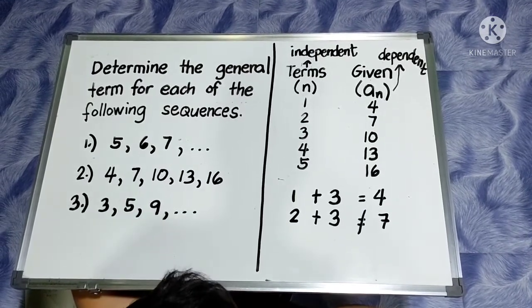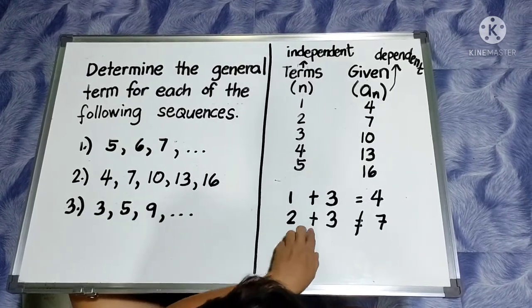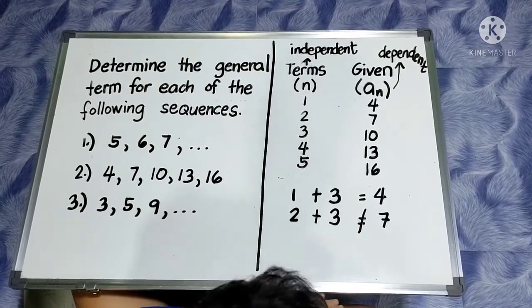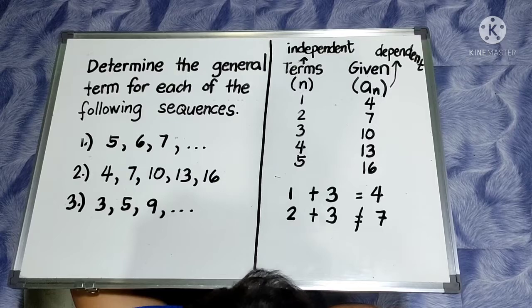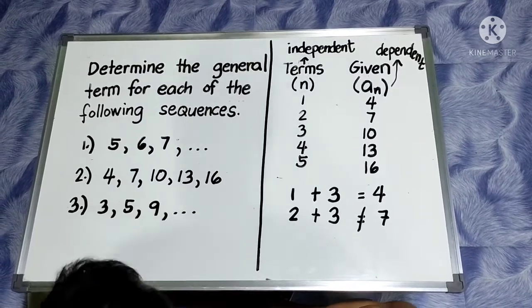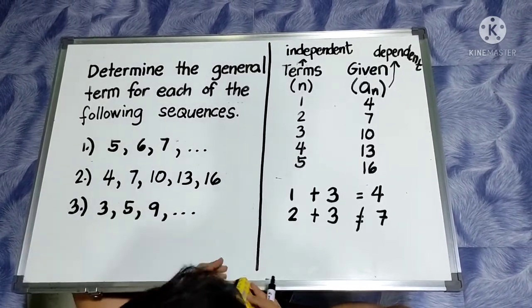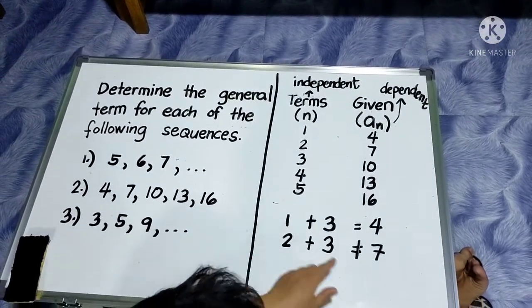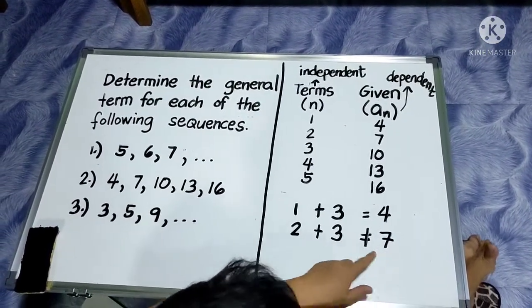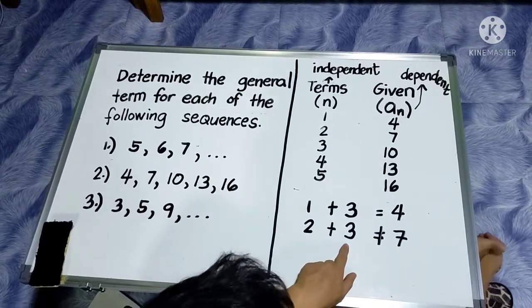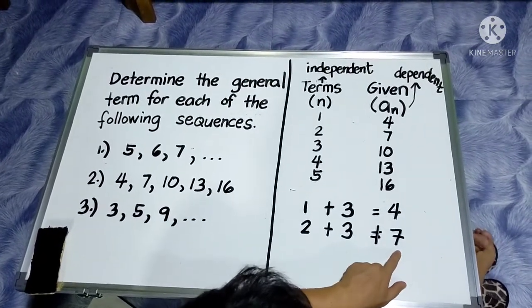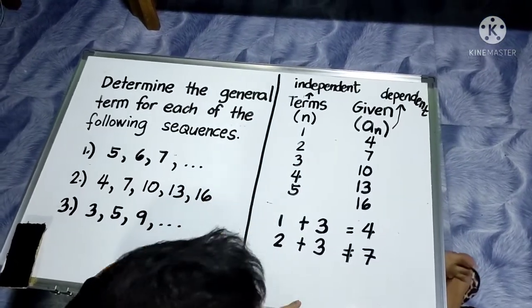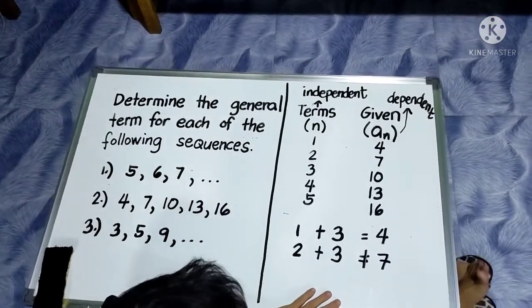Meaning, adding 3 to your n is not true to the second term, because 2 plus 3 is just 5, which is not equal to 7. So in this case, adding 3 is not the solution that we're looking for.